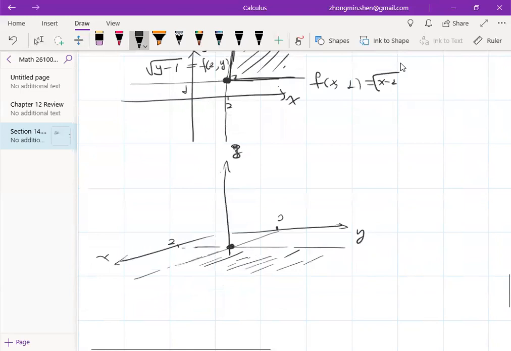But when y increases along this line, fixing x, the value is going to be increasing. It's going to be like that.